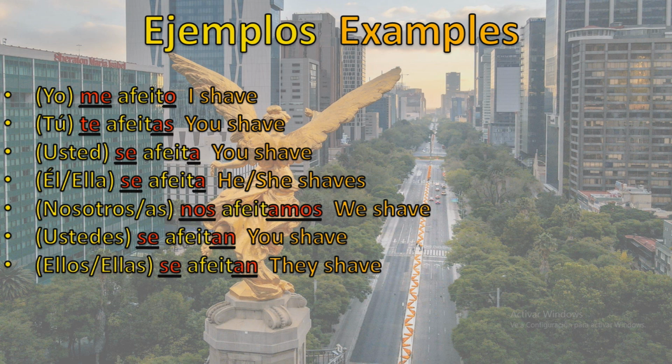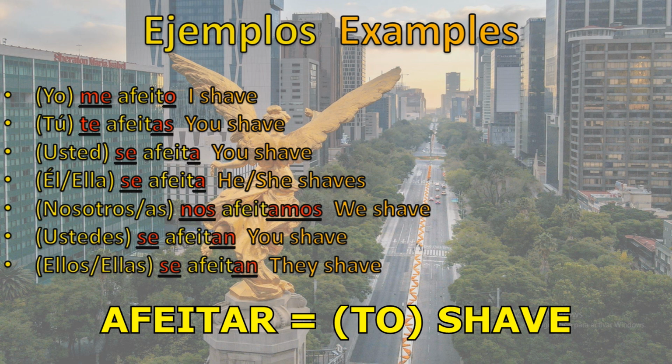Also, if you notice, I put the words with the red color in me, which is the reflexive pronoun, and afeito, the O, because remember that in the previous lesson, I asked, what is the infinitive of this verb, afeito? The infinitive is the verb afeitar, right?